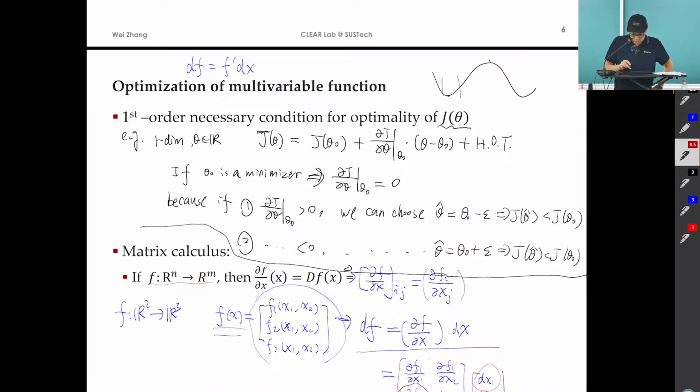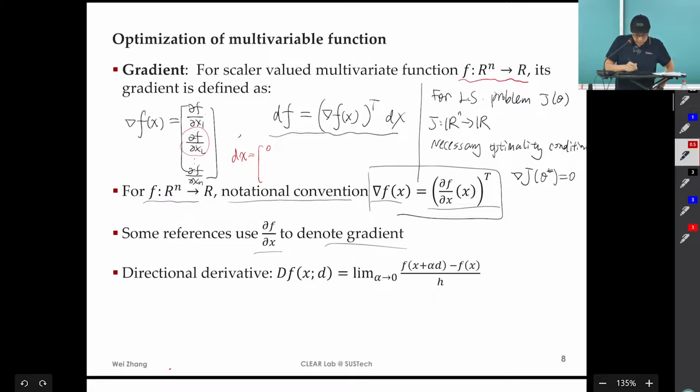If it is positive, I need to move to the left, so this is theta minus epsilon, 0. If I take the inner product, I pick this entry out, and then I can make the value of the cost function go smaller, so it won't be an optimum. So we almost proved it. We require the vector gradient to be 0.